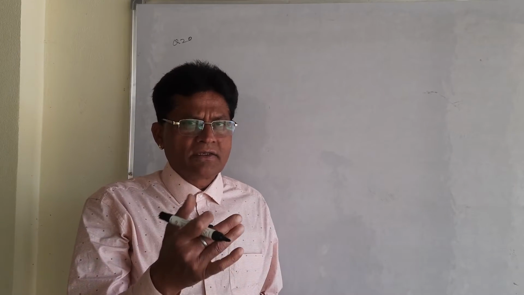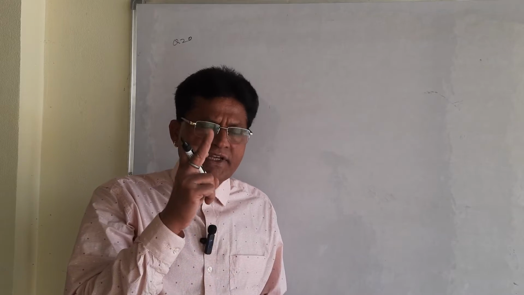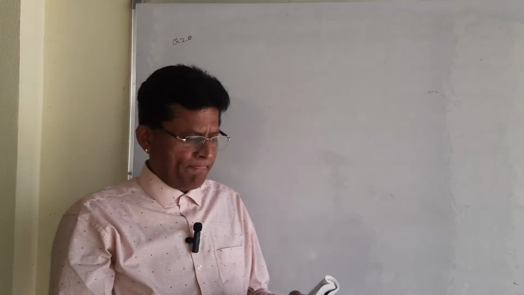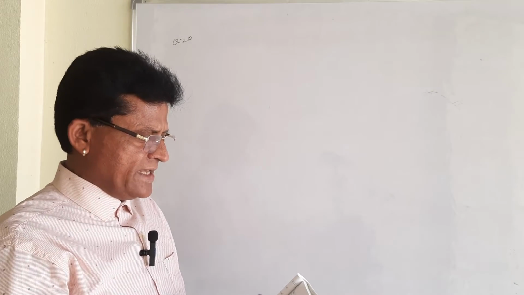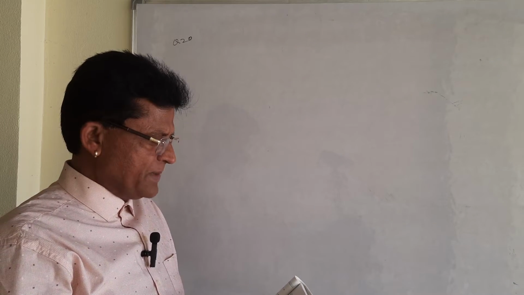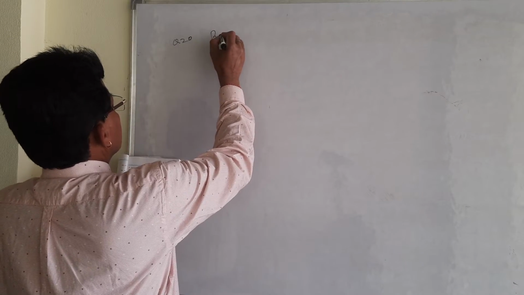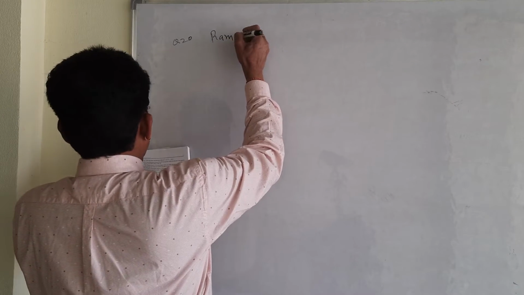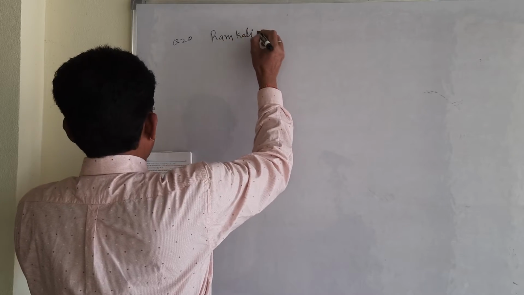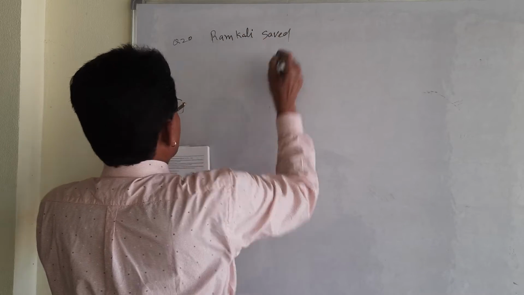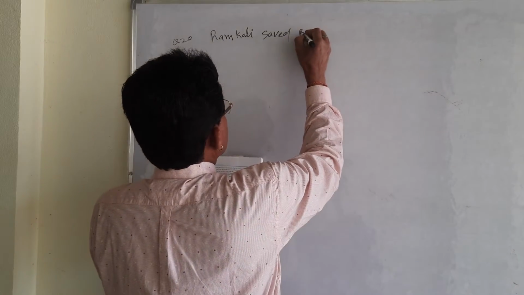See in your book, Ramkali saved rupees 5 in the first week of a year. Let me write the question so that you will understand, because there should be the question in front of you, then only you may understand the solution.